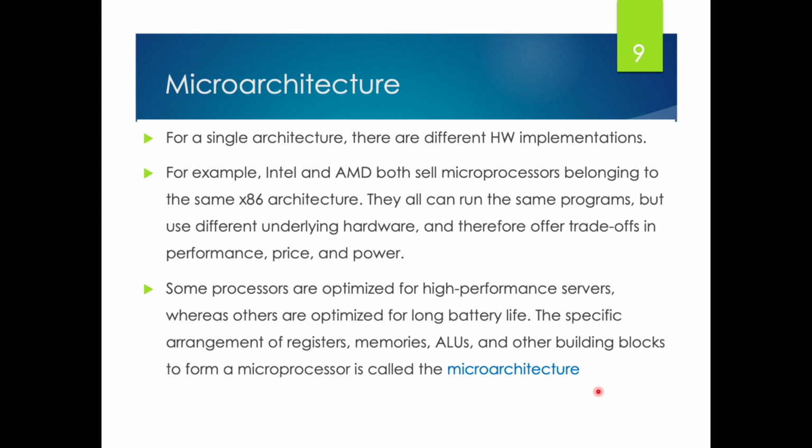For a single architecture, there are different hardware implementations. For example, Intel and AMD both sell microprocessors belonging to the same x86 architecture, right? And they can run the same programs. That means you can build your PC with an Intel CPU, right?